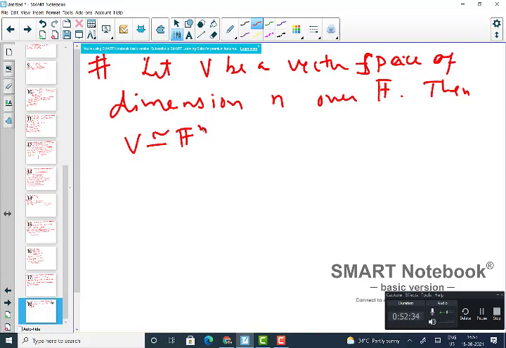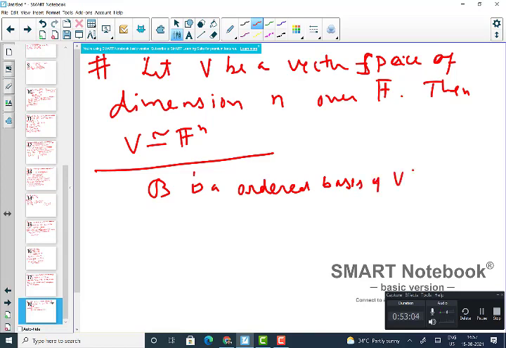So finally, I think I will stop with the representation, which is called the standard representation, with respect to some basis. So what does that mean? You start with an ordered basis of some n-dimensional vector space V. So let me write down: B is an ordered basis of V over F, and then you can define something called the standard representation of V with respect to this basis.